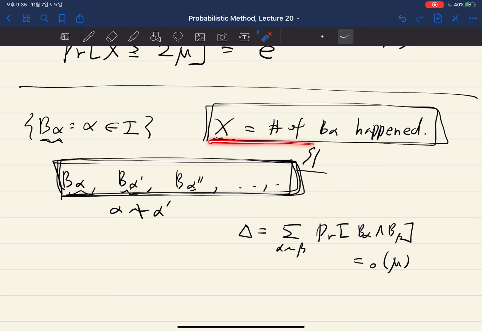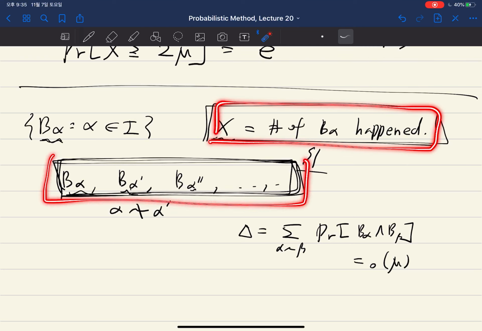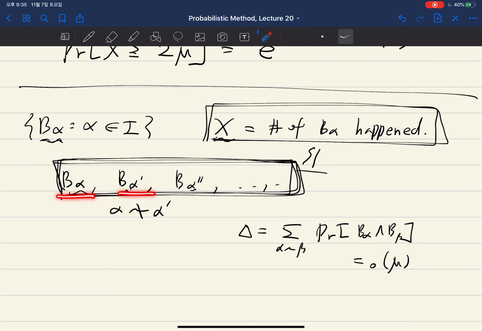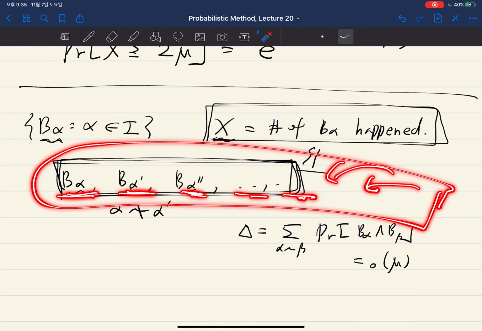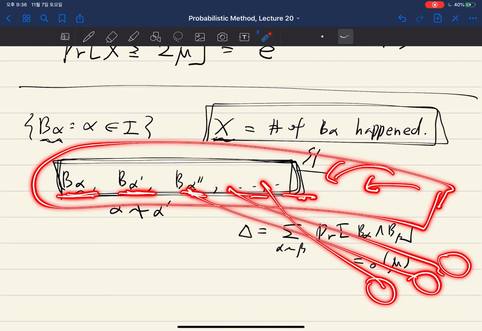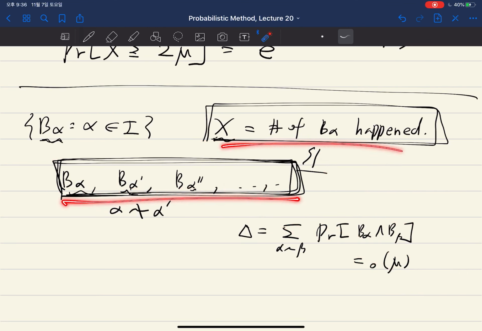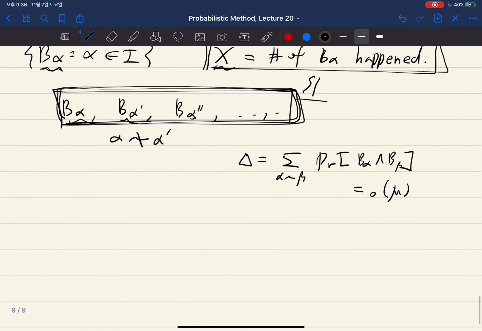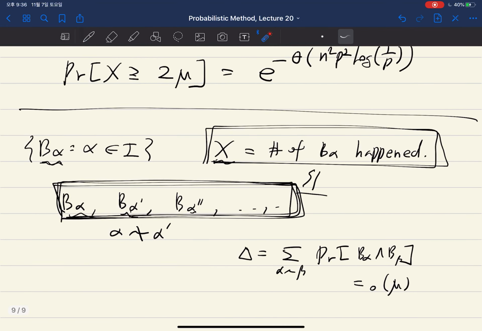So in lots of cases, instead of counting this, we count the number of such events. Of course we have to add events until we cannot add any more, so that all the remaining things are related to at least one of them. Then these two should be similar. And if you actually do some computation, in lots of cases, computing this might be easier.